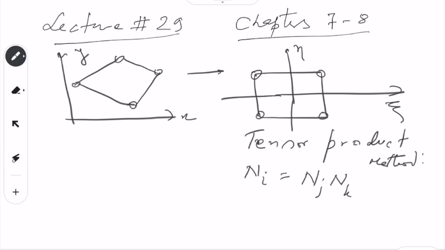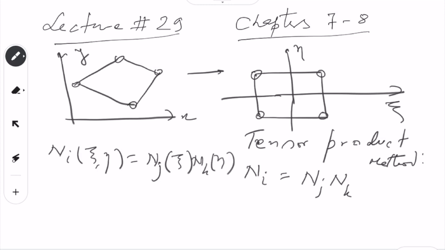What I mean to say here is Ni(xi, eta) is a product of Nj, a function of xi only, and Nk, a function of eta only.